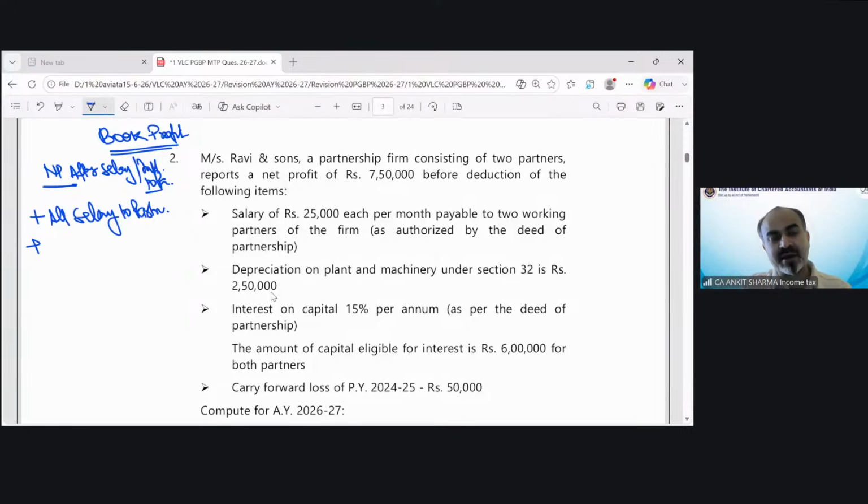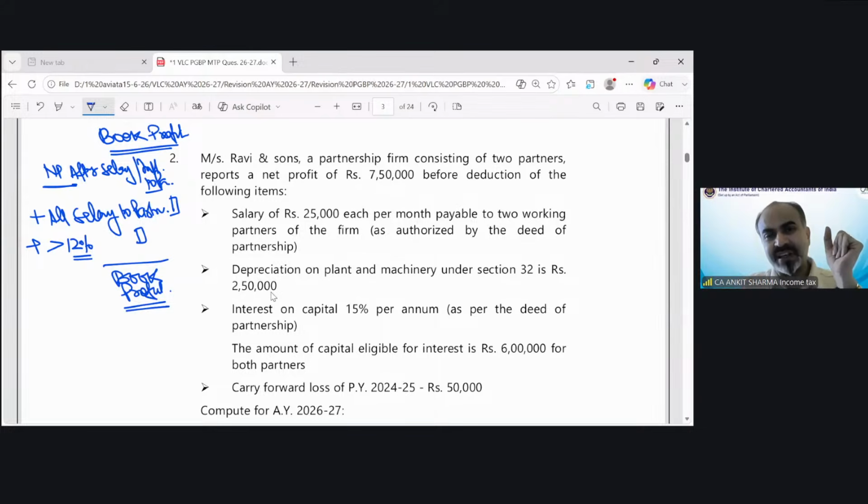And add back any interest if paid more than 12%, the excess part of interest. Suppose interest paid to the partner is 15%, then 3% needs to be added back. So after adding these 2 points on net profit, you will get your book profit. So always remember this procedure to find out your book profit.